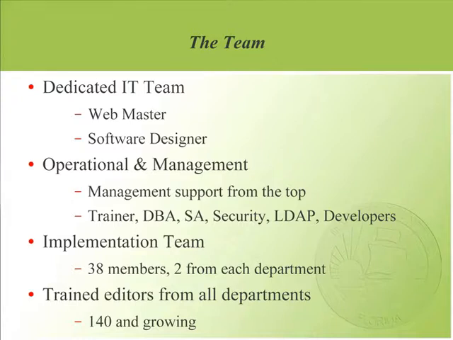They acted as Magnolia champions in their department to get people to training and to get people started. Four months into the project, we began offering a training course for Magnolia and gave individual help sessions to people, and we got an additional 140 editors into the system.